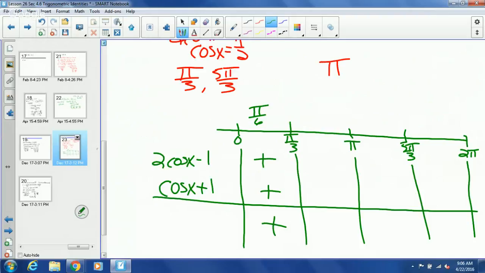So it's just negative 1. It's going to be the same thing. Cosine of 2 power 3, which is the same number. That'd be a positive.